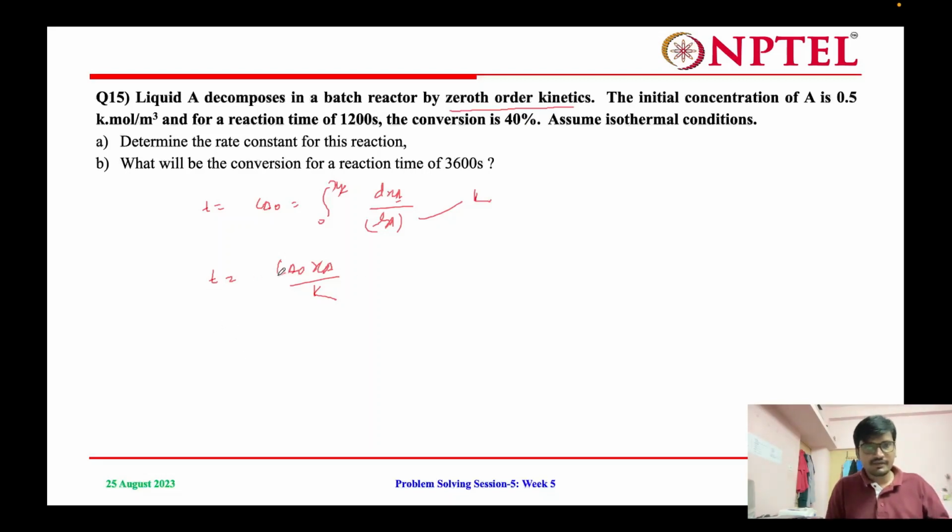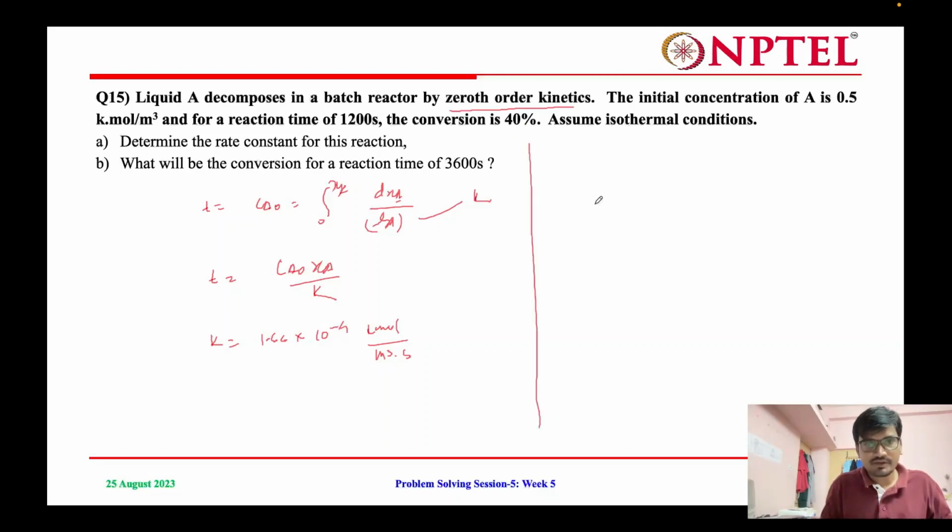Here t, C A naught, and XA are given, so you get k equal to 1.66 into 10 to the power minus 4 kilomole per meter cube per second. So we calculated k, the first part.